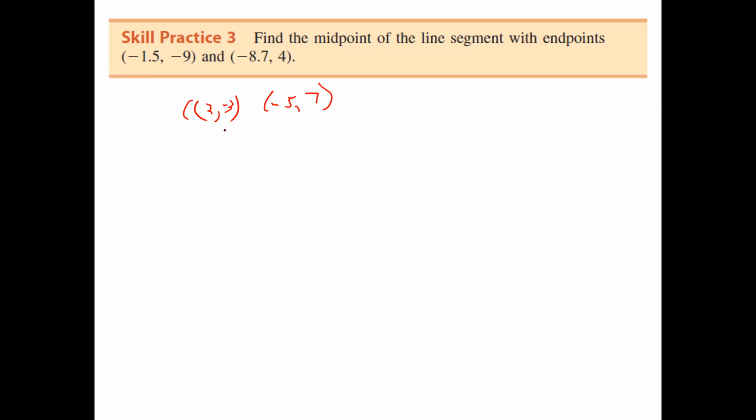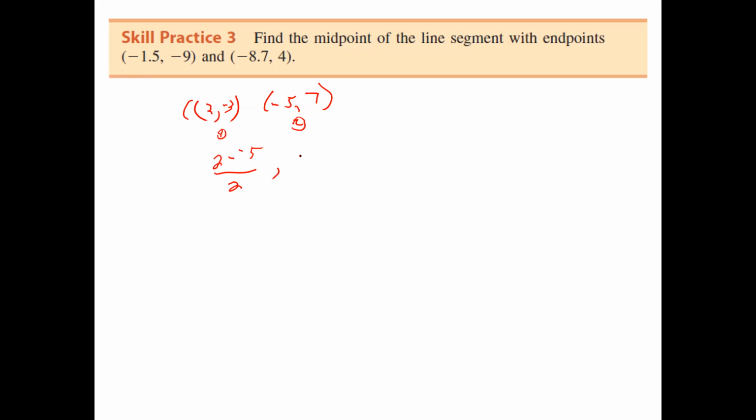Well, I'm arbitrarily going to call this point 1 and point 2. So I'm going to have here, in this case, the x values, I'm going to have 2 minus -5 all over 2.